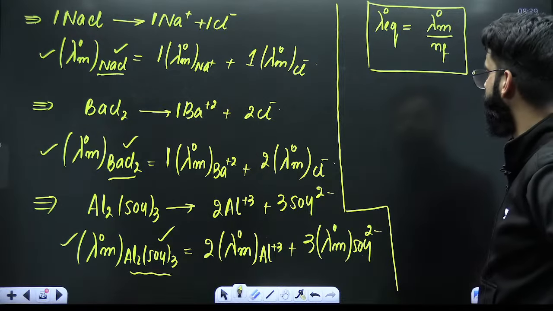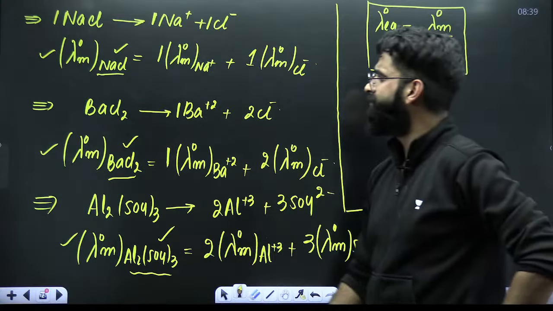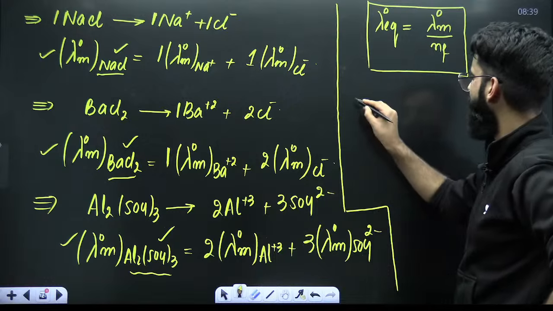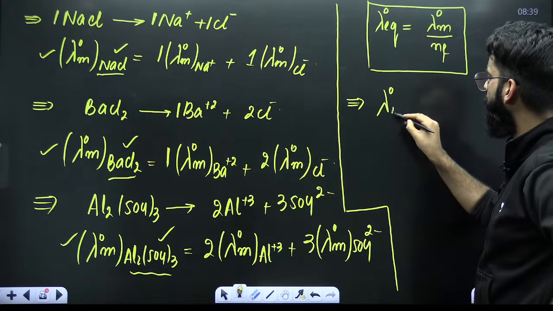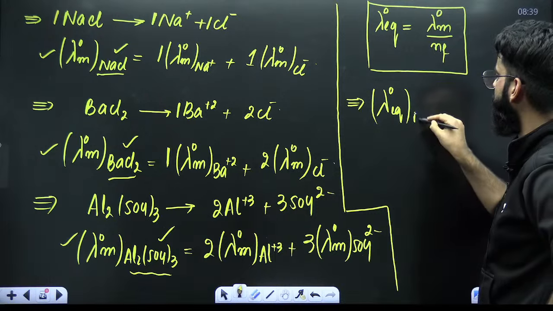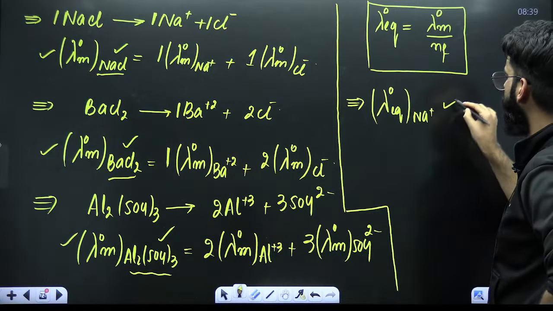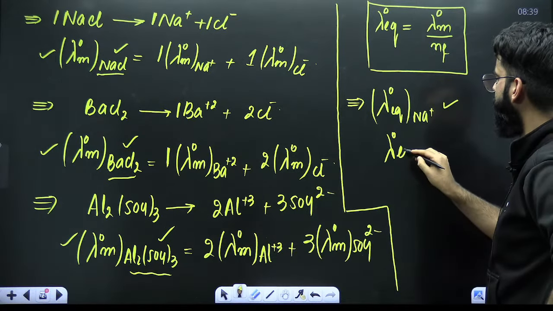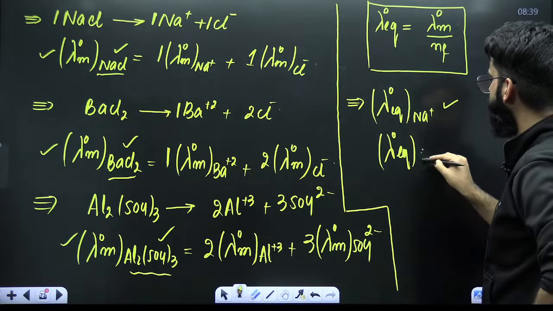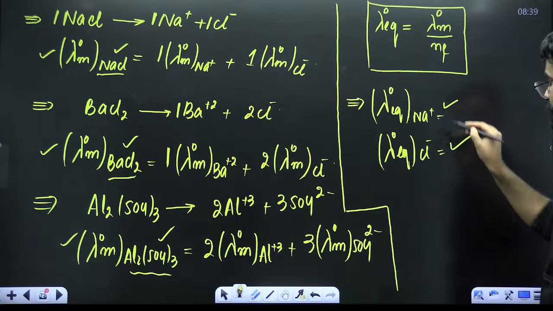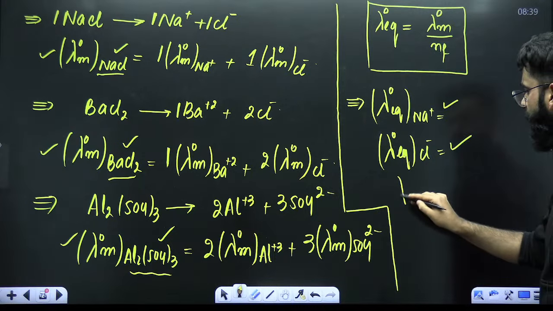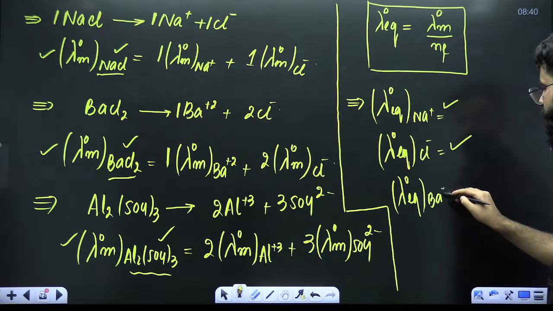One more thing. For example, I'm writing a statement like this. Let's say I already know the equivalent conductivity at infinite dilution of Na positive, the equivalent conductivity of Cl negative at infinite dilution, and the equivalent conductivity at infinite dilution of Ba di positive.